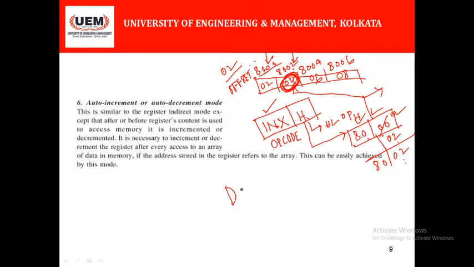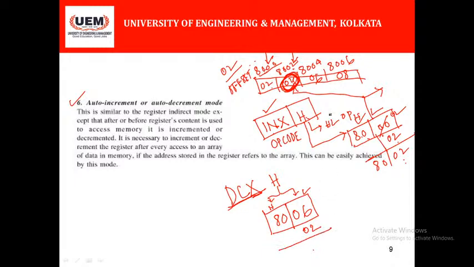Similarly, auto decrement addressing mode, say DCX H. Suppose we are pointing to 8006. After DCX, DC for decrement, X for indirect, so this is in indirect addressing mode. What happens in this case? The value of the H and L register pair, 80 and 06, will be decremented by the offset. What is the offset value here?